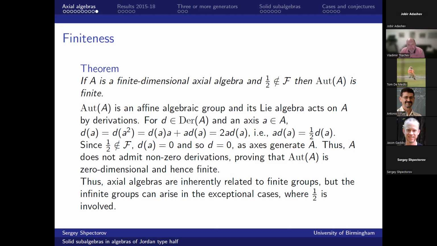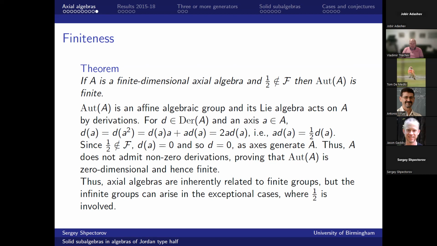Okay, and here is a sketch of the proof. The automorphism group of any finite dimensional axial algebra is an affine algebraic group. And so if it has dimension 0, it is finite. So if it's not finite, it must have a positive dimension.